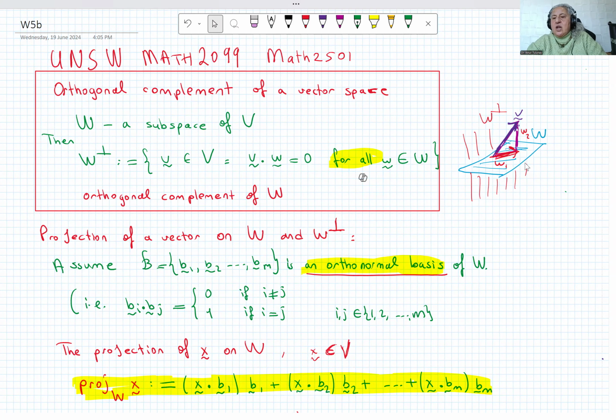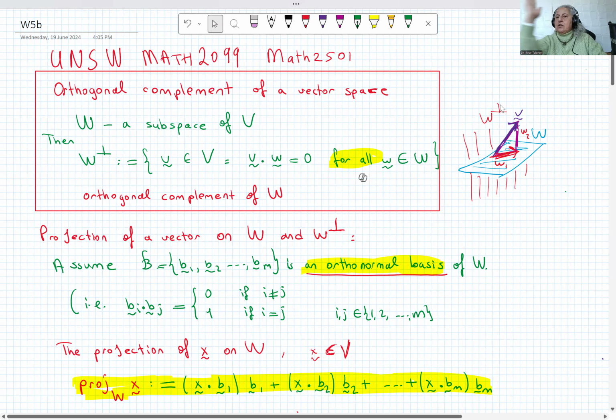The floor is the subspace W in three-dimensional space, and the complement of W is all these red, infinitely many vectors perpendicular to W. That is where the orthogonality comes from, because every vector in W complement is orthogonal to W. That's what it's all about.